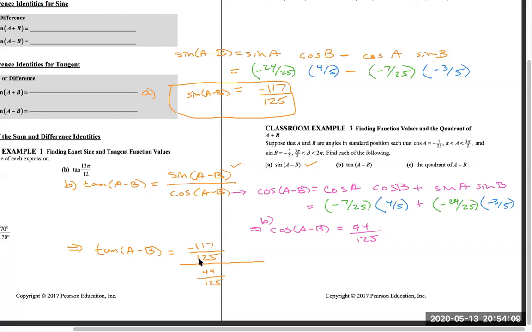Remember the trick, same number in the denominators of the complex fraction, they cancel. So we get -117/44. Let me erase this part too. So this is part B.